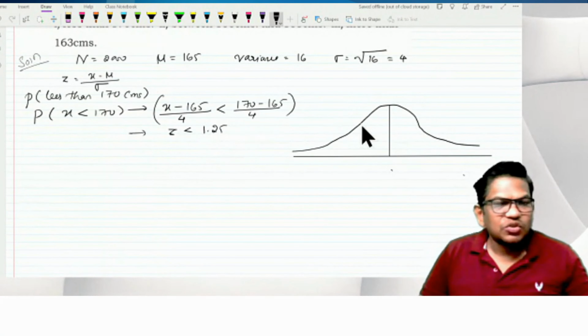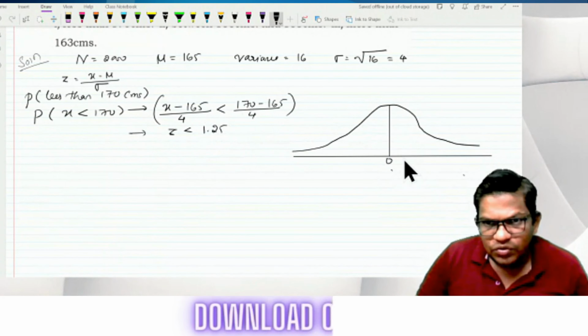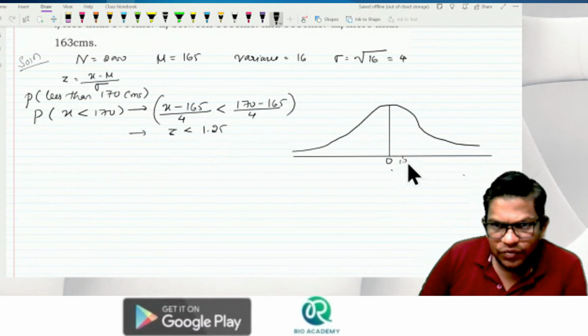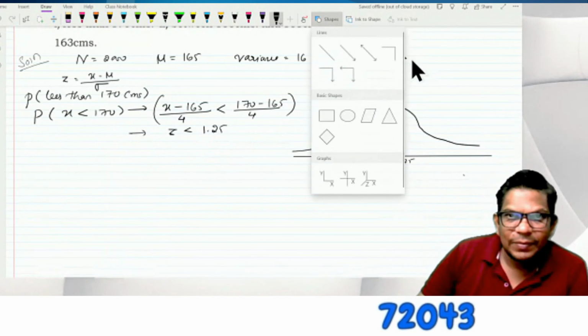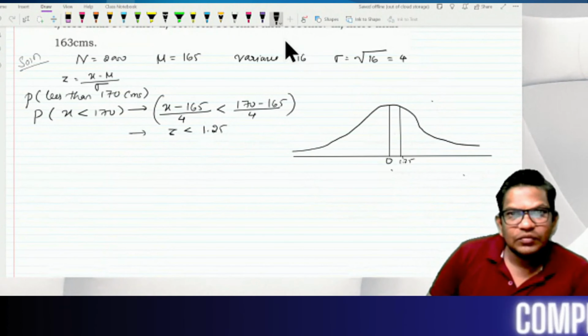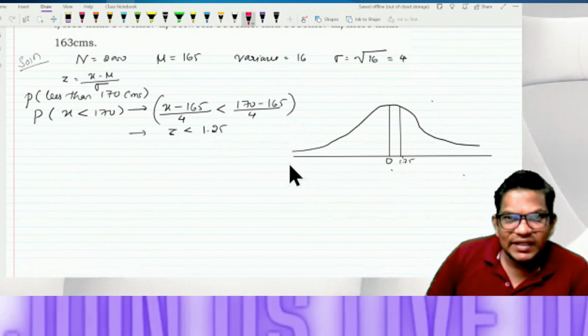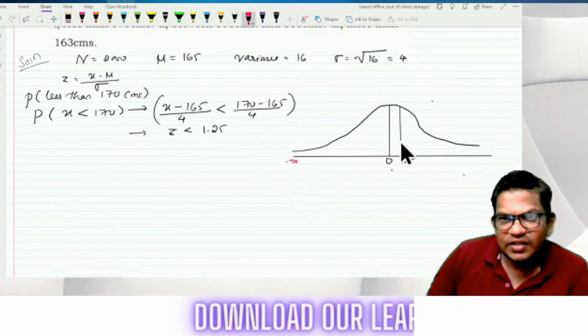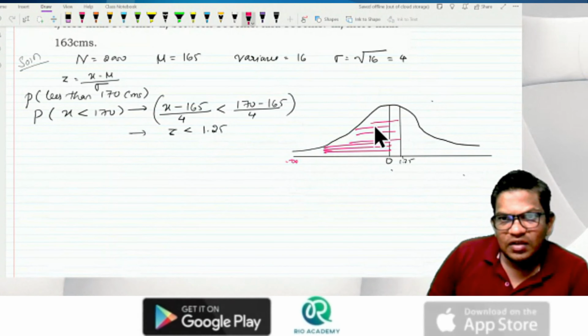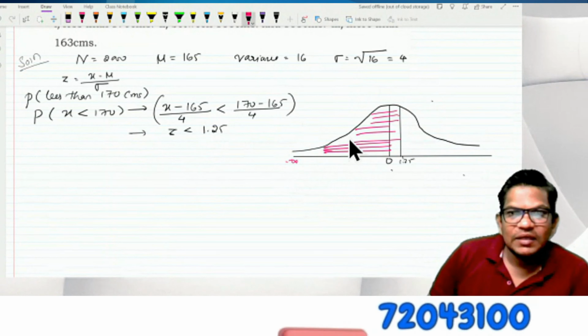So this is your 0. You can just write it somewhere here, 1.25. Shade this on the minus infinity side. This side. Understood, children? Understood?